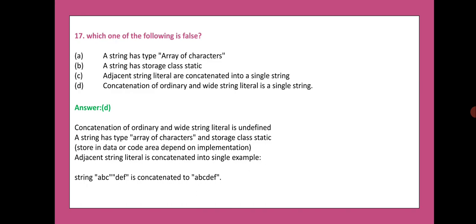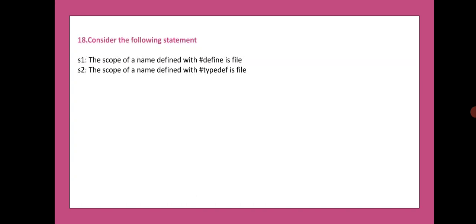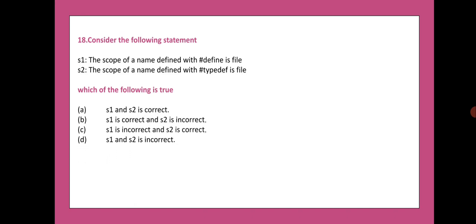Let's move on to another question. Consider the following statements. Statement 1, S1: the scope of the name defined with #define is file. S2: the scope of the name defined with typedef is file. Which one of the following is true? S1 and S2? S1 is correct and S2 is incorrect, or vice versa, or both are incorrect.